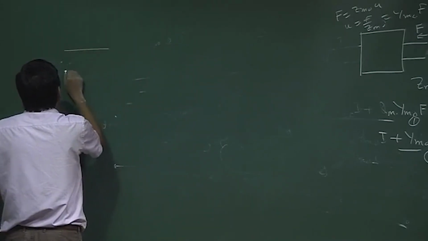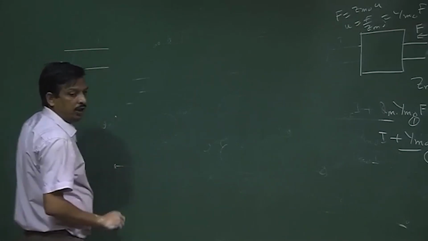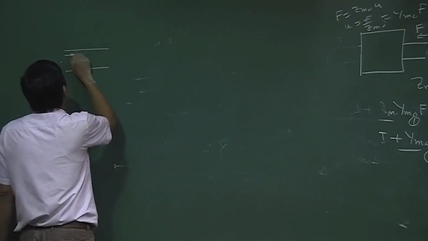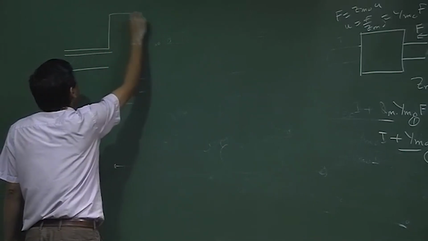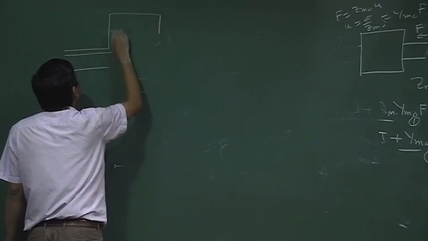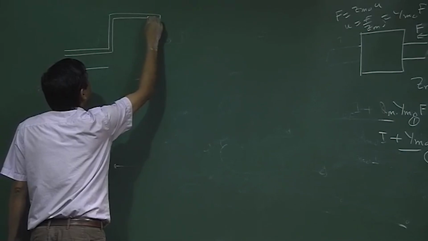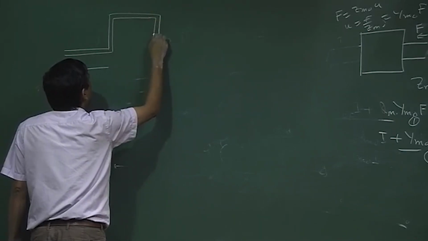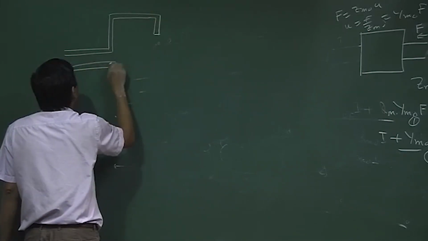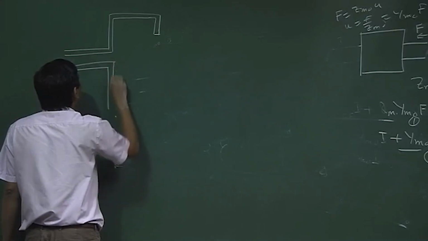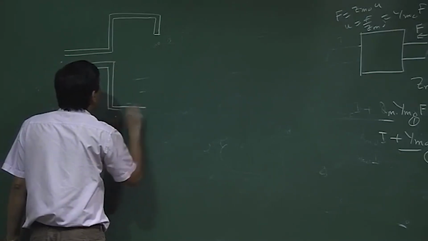So there will be a wire, and there will be a casing. I have a casing like this, a freehand drawing, so bear with me, it will not be that good.